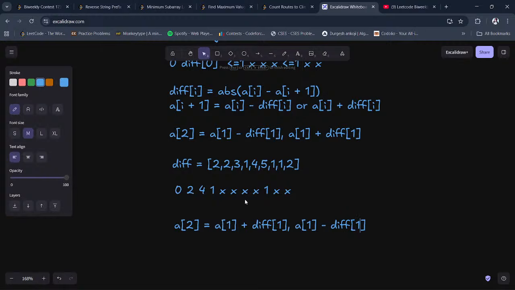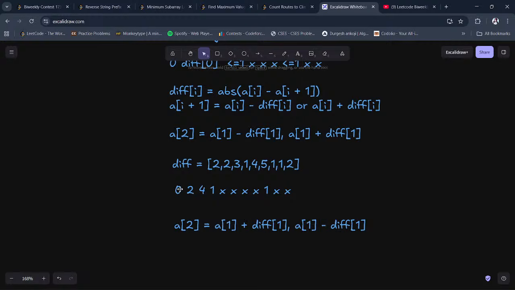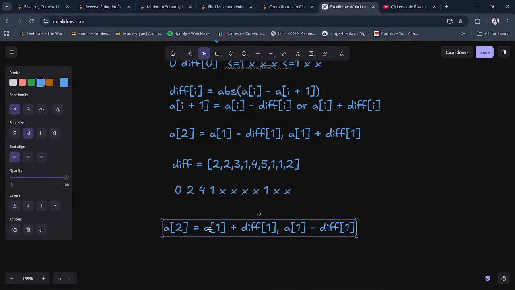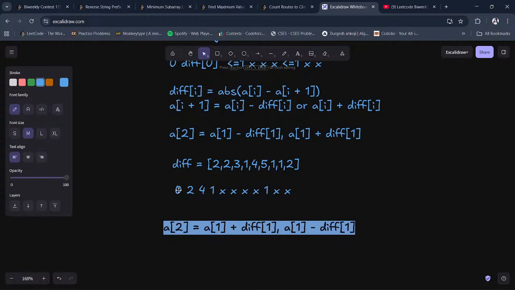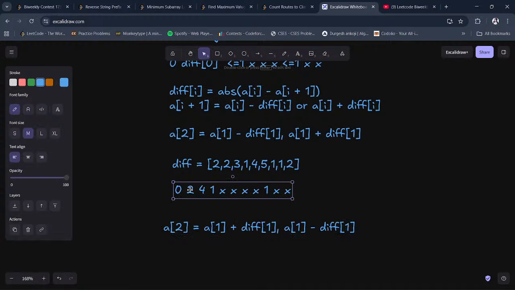This is only applicable when this thing fails. If some value exceeds the limit, we'll try to apply these operations, right? Since 0 is fixed, we can fix this value. We can also fix all these values, right? So we'll try to fix.